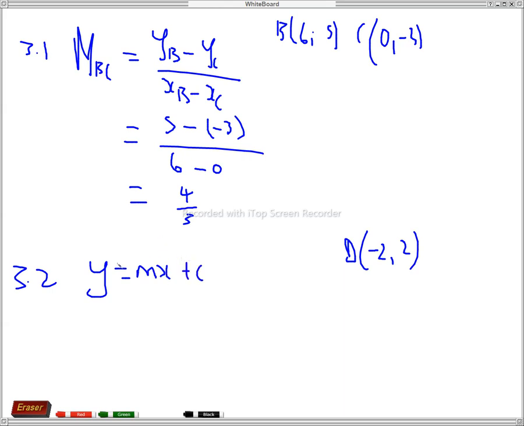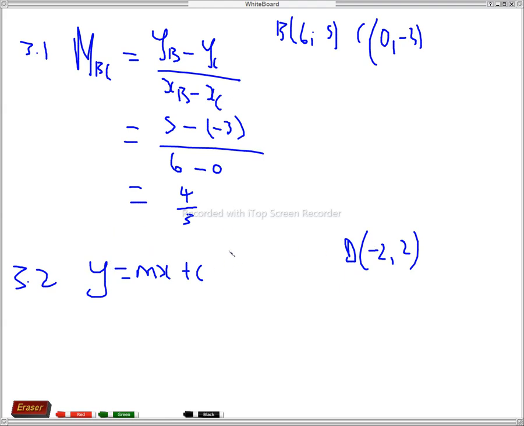The other one is something like y minus y1 equals m times x minus x1. You can also use that, but I like this one. I know some teachers provide you with that equation. If this one is not easy for you, you can use the other one.